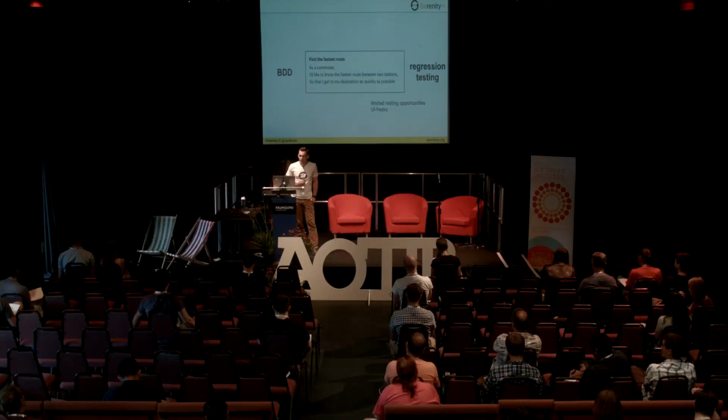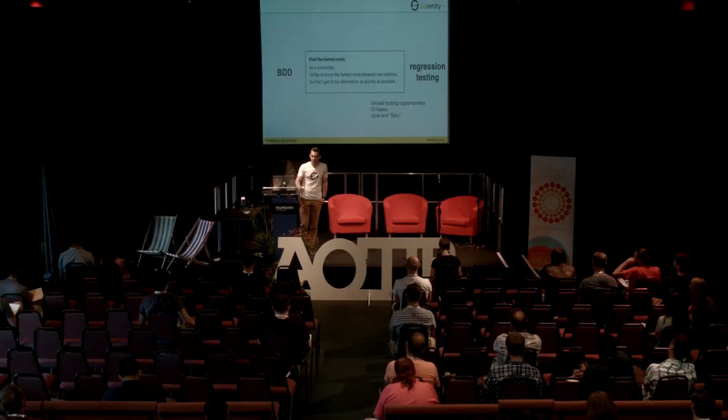Now, because those interfaces are quite limited, the regression tests implemented after the story is implemented tend to be quite UI heavy. So they rely on the user interface to be present, to be working, and so on. Now, what this makes them, it makes them slow and flaky. And that's a very common problem with full stack end-to-end UI-based tests.